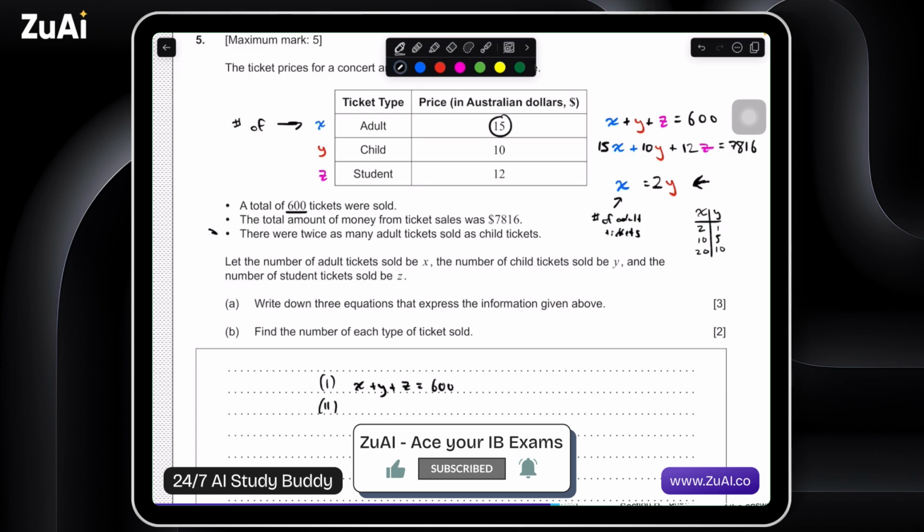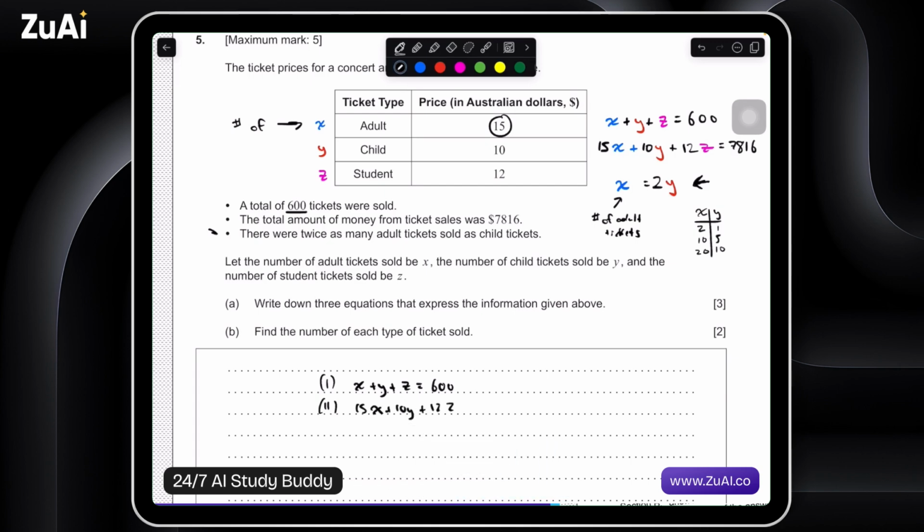The second equation is 15x plus 10y plus 12z is equal to 7,816. And then we have one more equation, which says that the adult tickets is equal to 2 times the number of child tickets. What can we do? 3 equations and 3 unknowns.